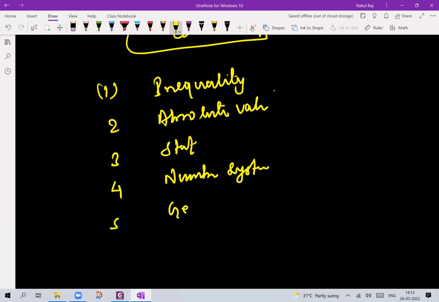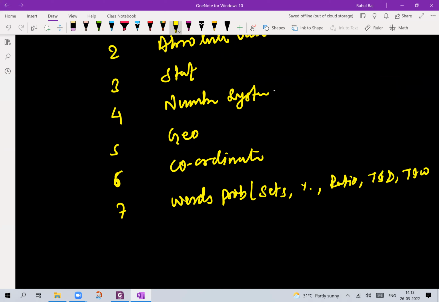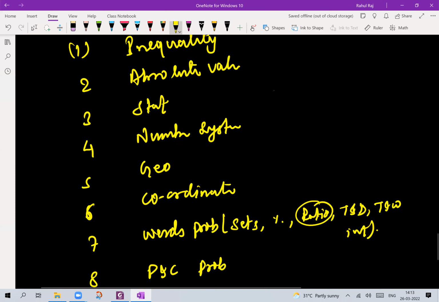The fifth chapter that we would be discussing is geometry. Sixth would be your coordinate geometry. Seventh would be your word problems. And word problems will consist of chapters like sets, percentage, ratios, time and distance, time and work, and interest. Mixtures problems will be covered in ratio. And eighth would be your PNC and probability. So this is how we'll go ahead with the chapters.